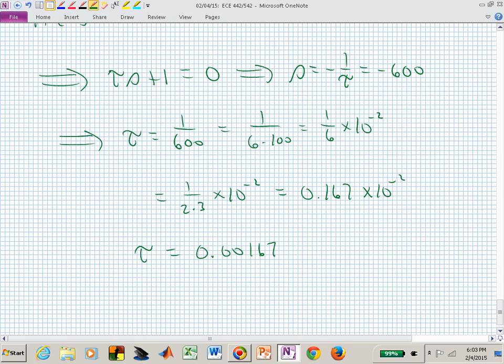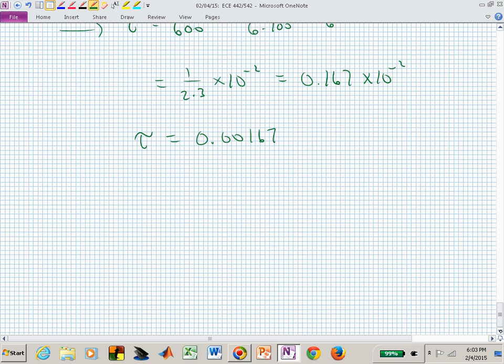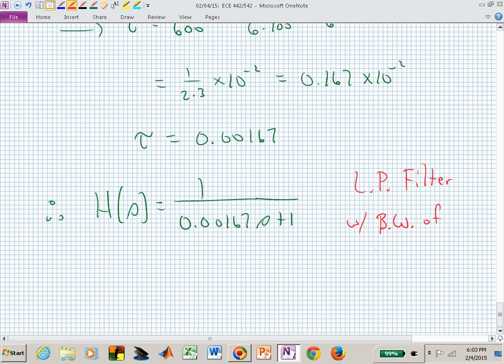Everybody get that for their low-pass filter, their capital H of S. You now can say that we have H of S, that's this low-pass filter with a bandwidth of 100 hertz.